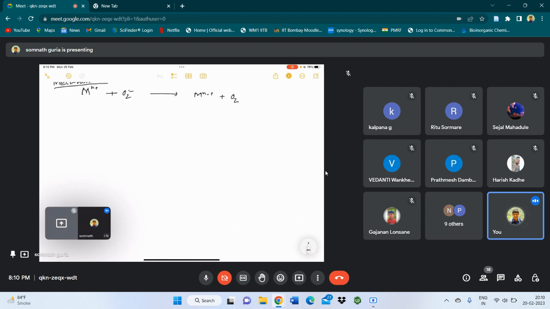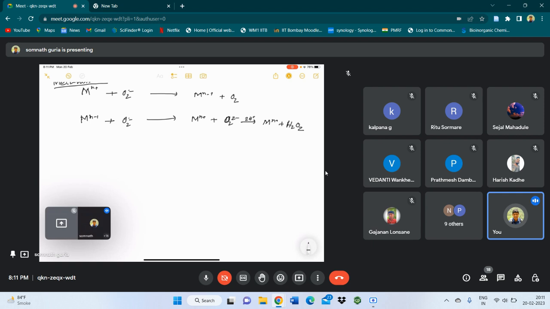It gives the electron to the O2 dot minus; the low valent metal center again regenerates the Mn plus and O2 2 minus, and again this one takes two protons to form Mn plus H2O2.